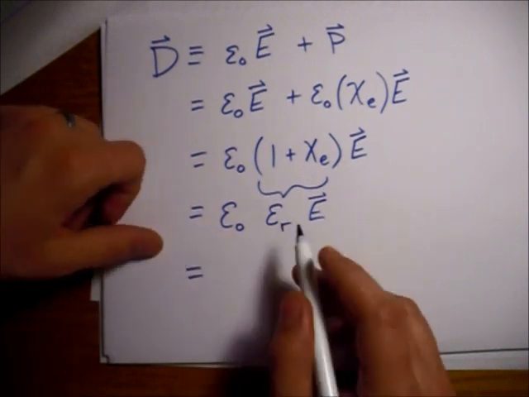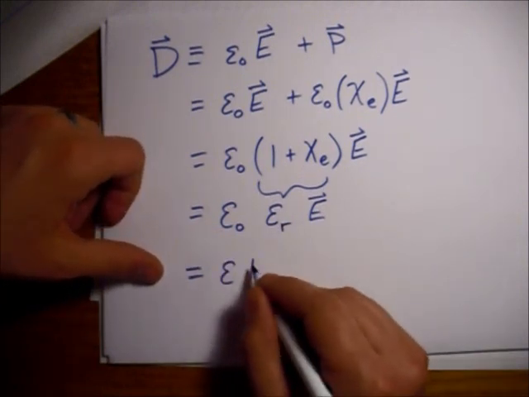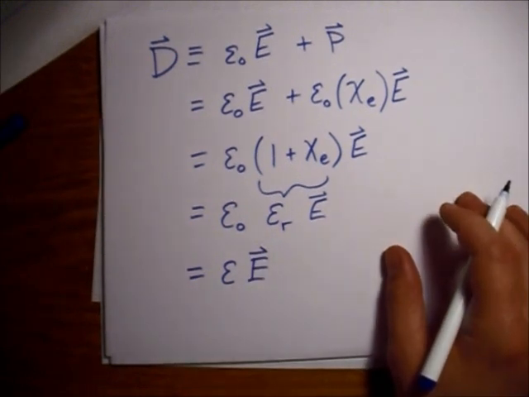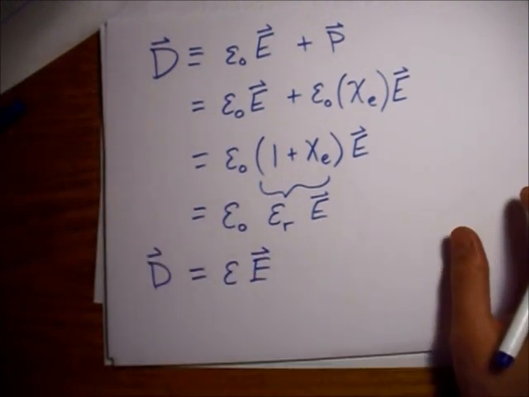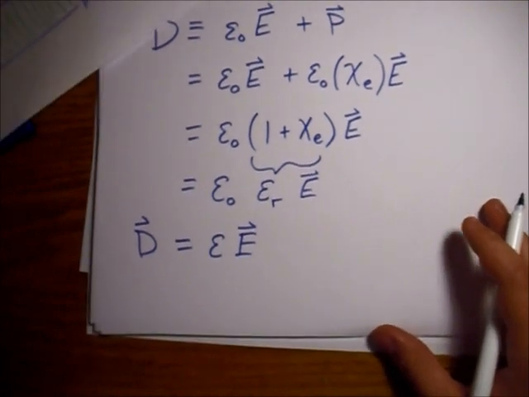Epsilon naught times epsilon r is equal to just epsilon, also known as the permittivity. So again, this is just for linear dielectrics. We go over this every single time, seems like.